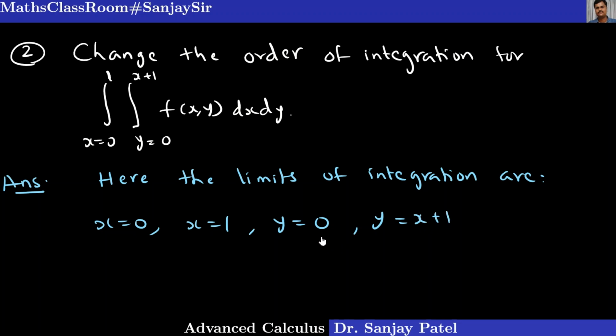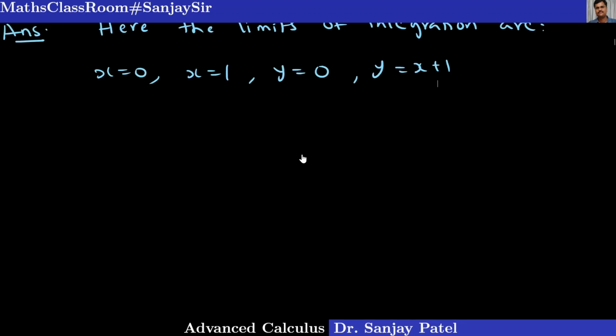Remember, limits of y are functions of x or constants. So our region of integration is the area enclosed by these 4 curves. All the curves are straight lines, so we can draw the region of integration very easily.